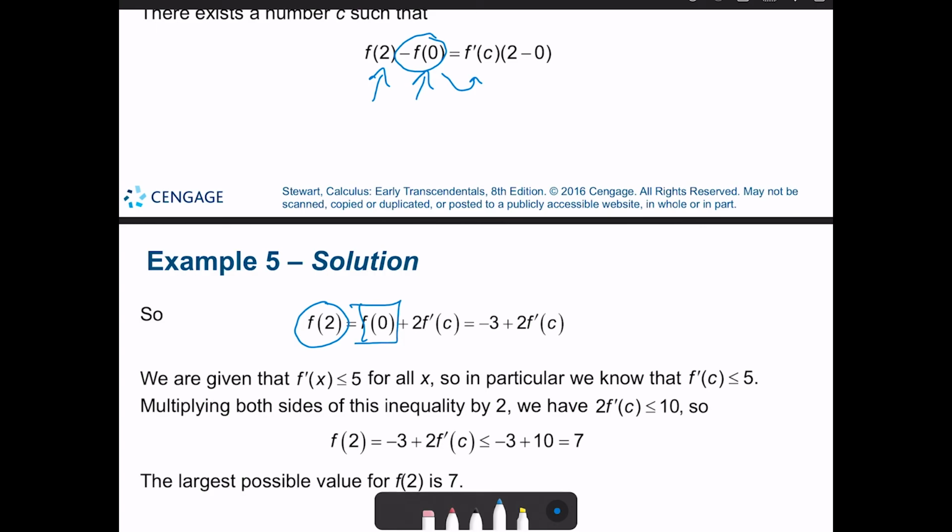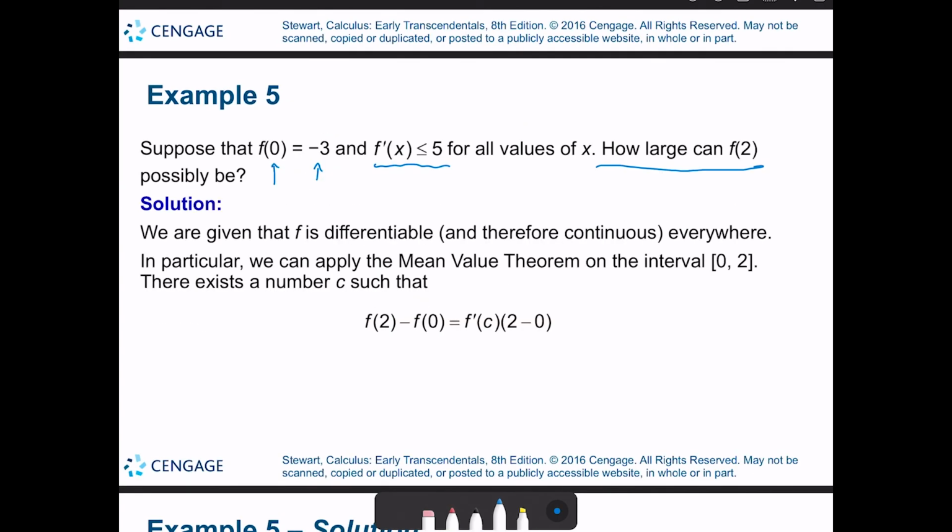Okay, and then this value of 2 right here is coming from the 2 minus 0. And then f of c in this upper equation is present right here. Okay, so all of those components are matching up. We can see where those different pieces came from.